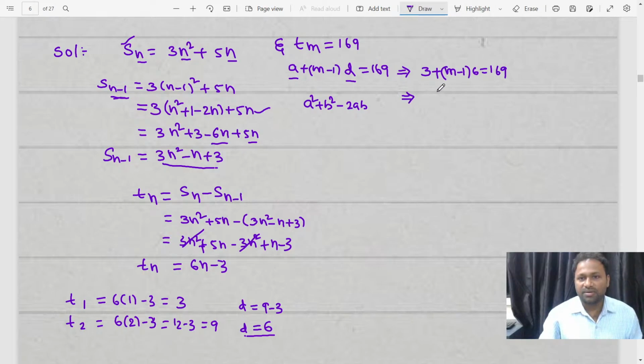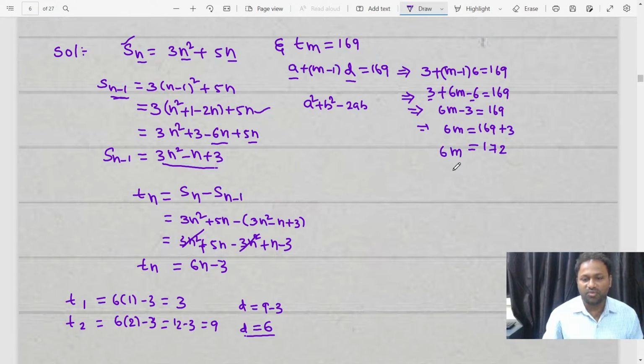So 6 plus 3m minus 3 is equal to 169. That implies 3m plus 3 is nothing but 169. That means 3m is equal to 169 minus 3, that is 166.